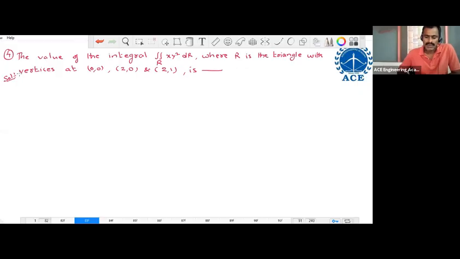So we are given an integral. In the given problem, we have two integral signs with respect to different variables, because dR is dx dy. It is a double integral. If we compare this problem with the first three problems from yesterday's class, you will find one difference.